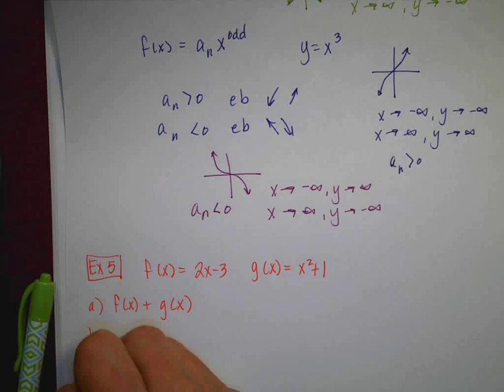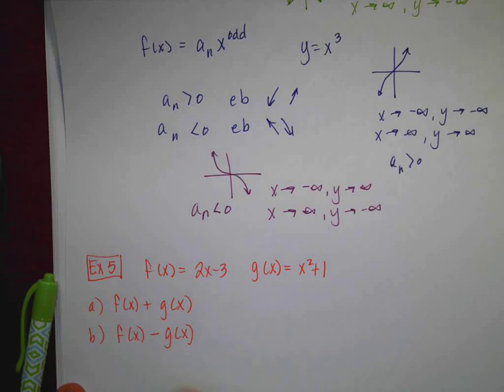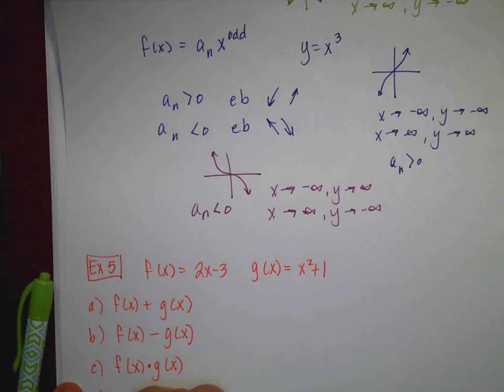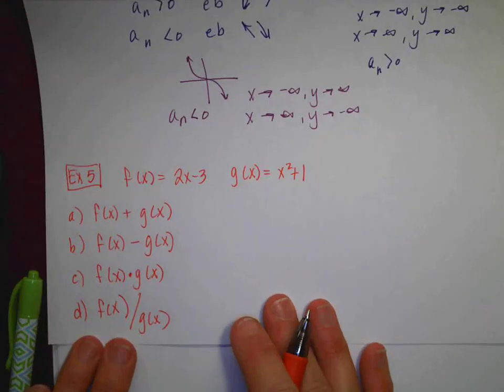So for example, I could do f of x plus g of x, and that would be pretty straightforward. I could do f of x minus g of x, and that would be pretty straightforward. Same thing, I can multiply the two functions together, and I can also divide the two functions.